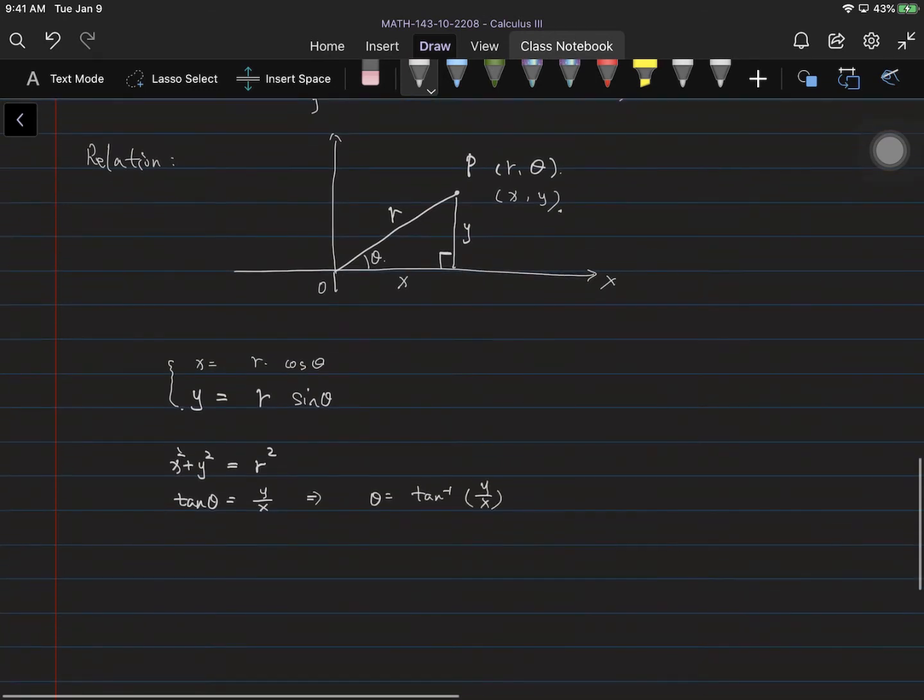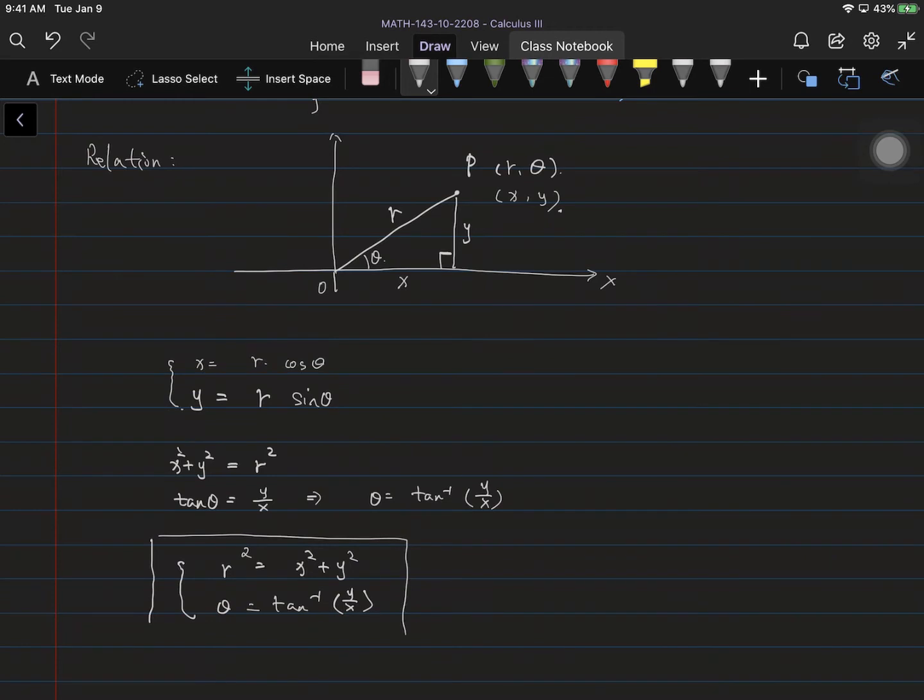So I'm going to rewrite this a little bit. r squared equals x squared plus y squared, and θ equals tangent inverse of y over x. I'm going to box those formulas.